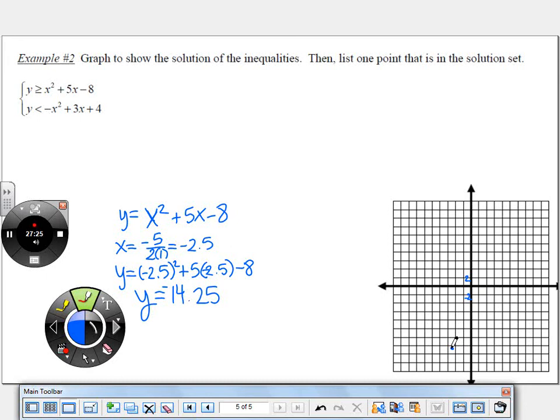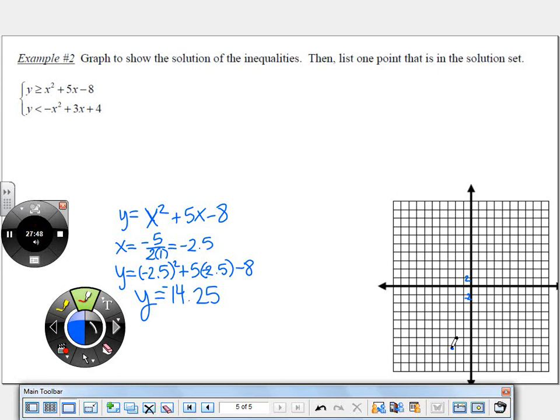And then where is my graph concave down or concave up? Up, okay, because the x squared is positive. And how am I going to get some other points besides the vertex point for my parabola? Good. I can plug in anything I want. I just don't want to get too far away from the axis of symmetry, or else the numbers will start getting really far away from wherever my vertex was vertically.